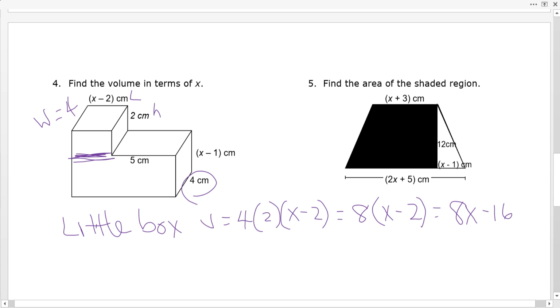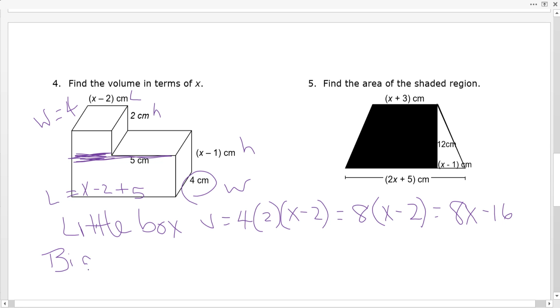The bottom box is going to be, this is going to be x minus 2 plus 5. So that's this little part and this whole way across. So that's my length. Here's my width, and here's my height.